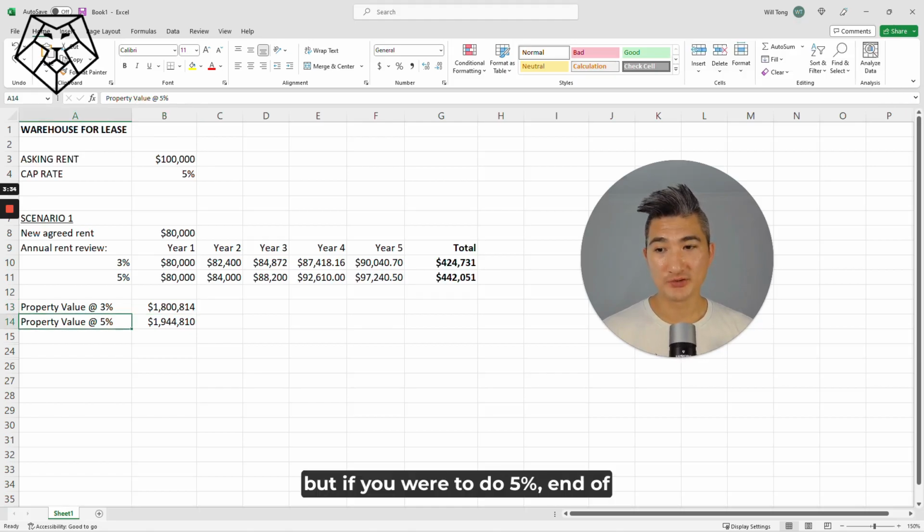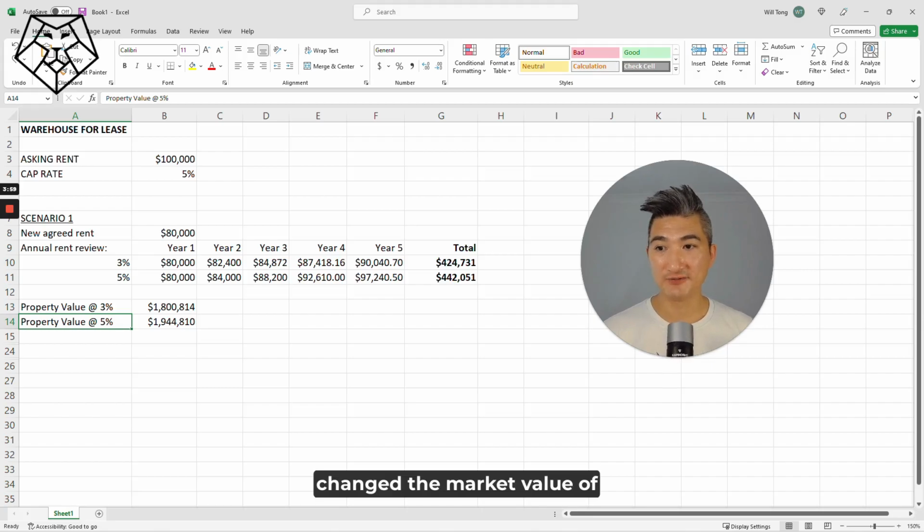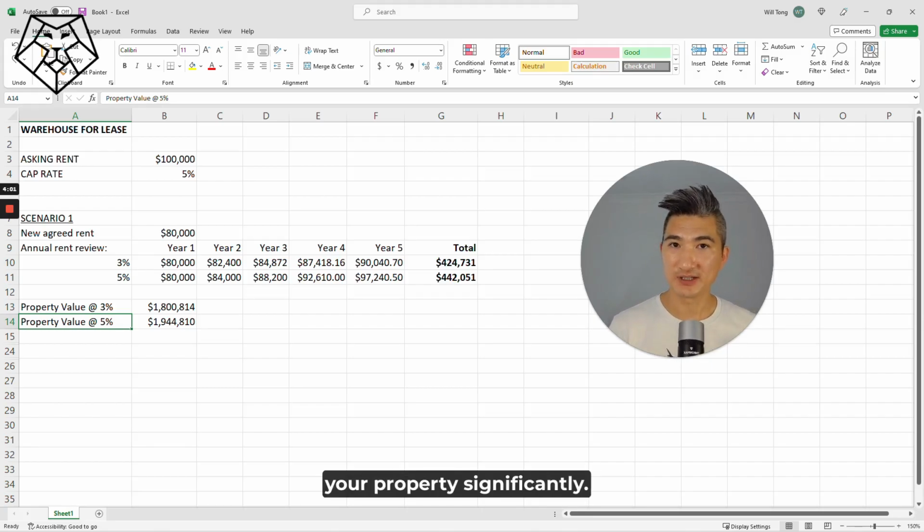But if you were to do 5%, in year 5, using the same cap rate, your property is worth $1,944,000. So you see the big difference? Simply by having a slightly higher rental review on an annual basis, you've essentially changed the market value of your property significantly.